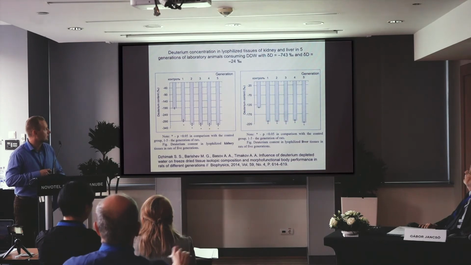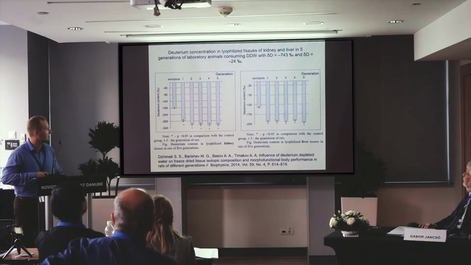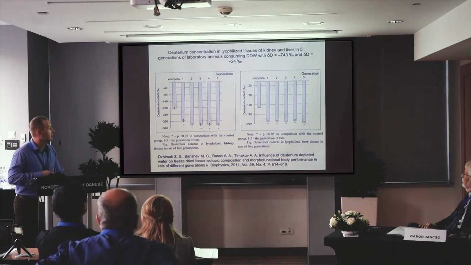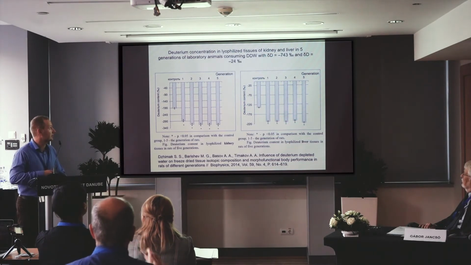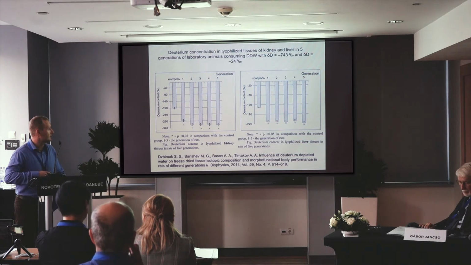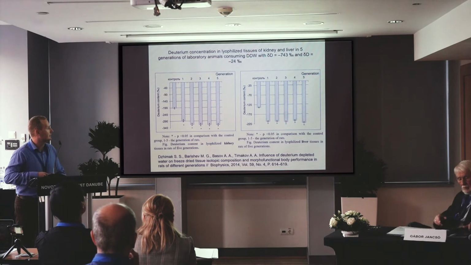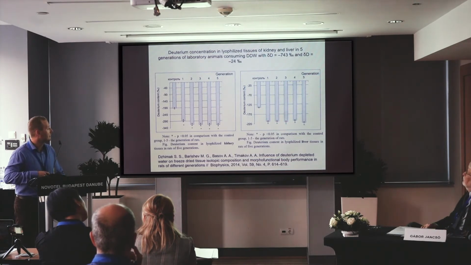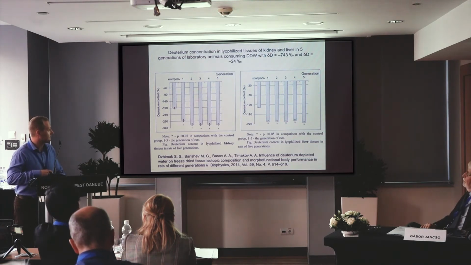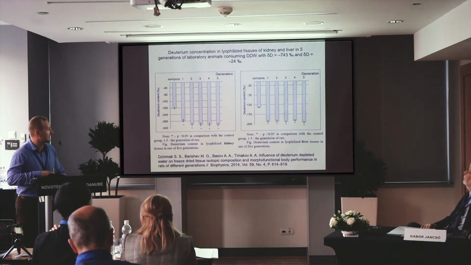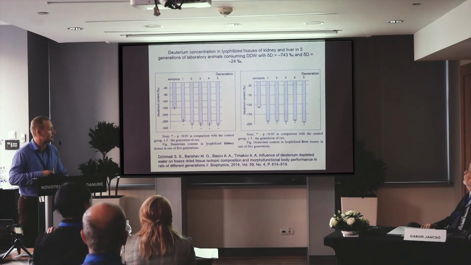This is the control concentration at the start of the experiment. Then the first generation. We can see that in liver it's okay, but in kidney it didn't come to the level of the second, third, fourth, and fifth generations.